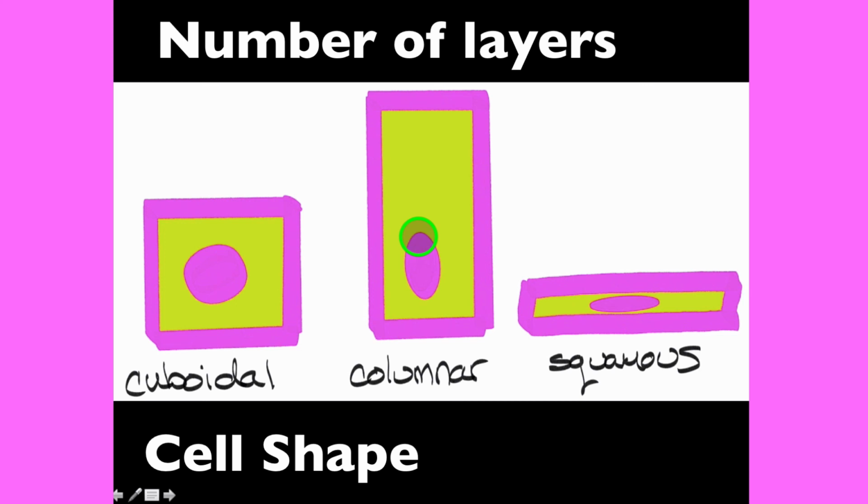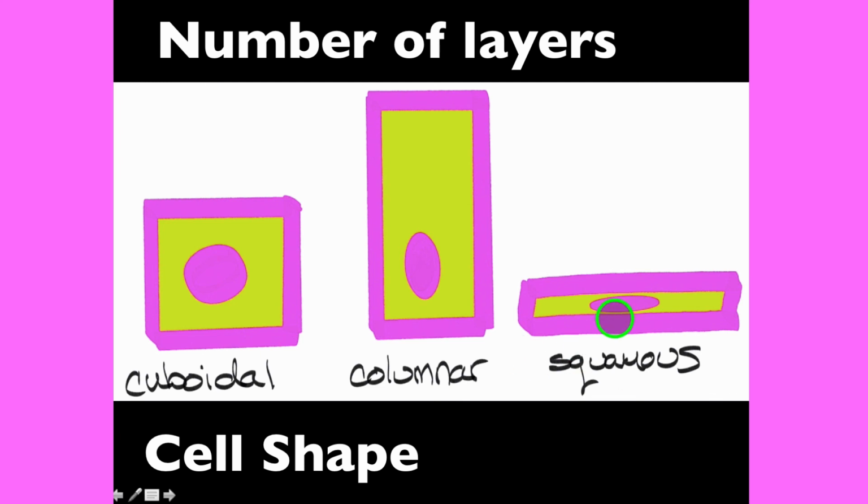Now, I will tell you off the bat that when one is looking at epithelial tissue, there can be kind of gray areas as to whether the cells are columnar and cuboidal. So it's really an acquired skill to be able to differentiate from cuboidal to columnar. It's not always as clear cut as we see in this picture.